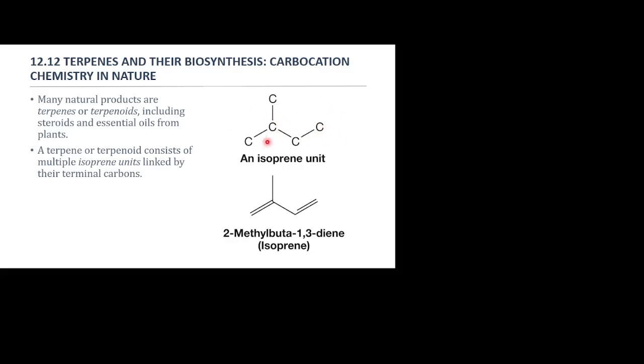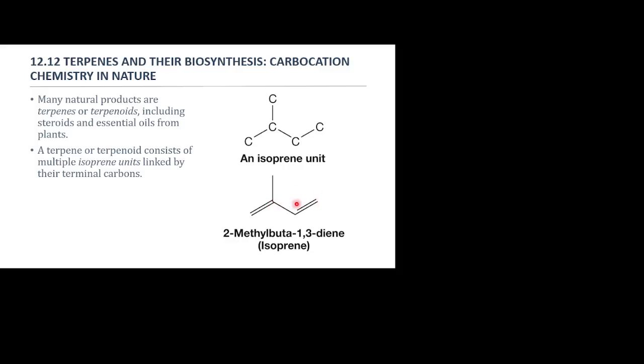This right here is an isoprene unit. So when we're looking at a terpene or terpenoid, this is going to consist of repeating isoprene units. They'll be linked together by terminal carbons of those isoprene units. So for example, this is an isoprene right here that's ready to do a reaction to make a terpene. Okay?